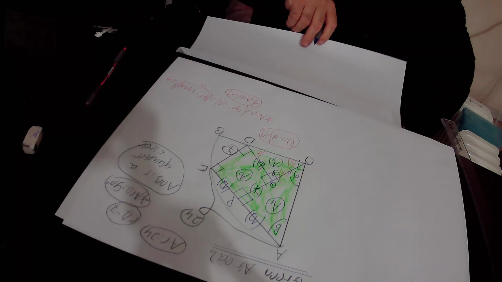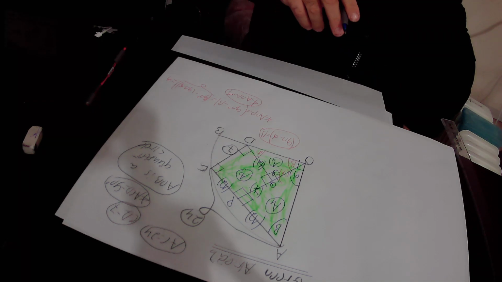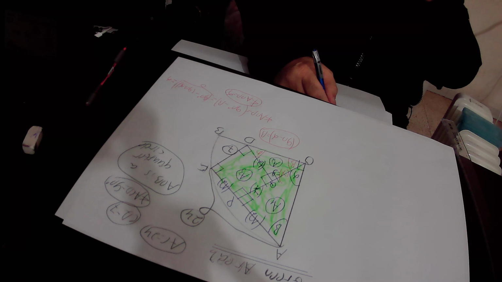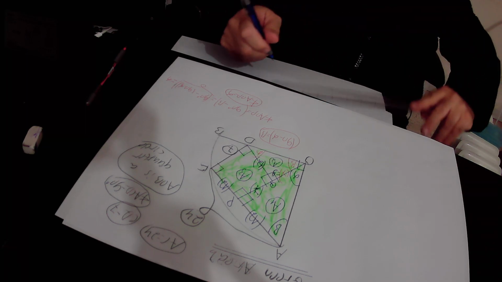So A1 is the area of the right triangle APO. So I copy the right triangle APO onto a new page and we find out the area of this right triangle. Okay.